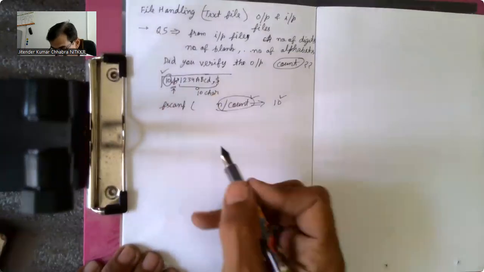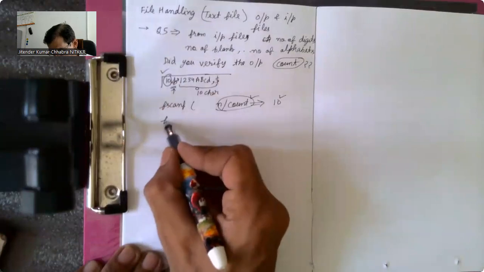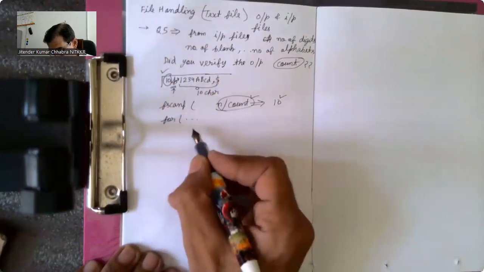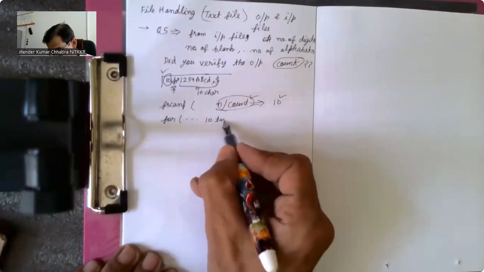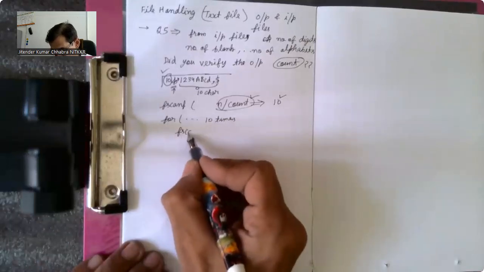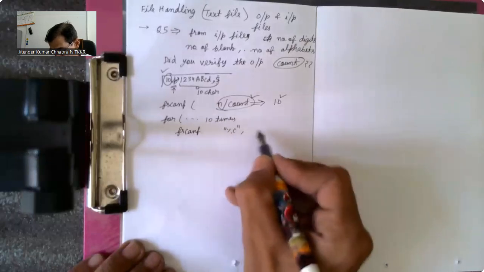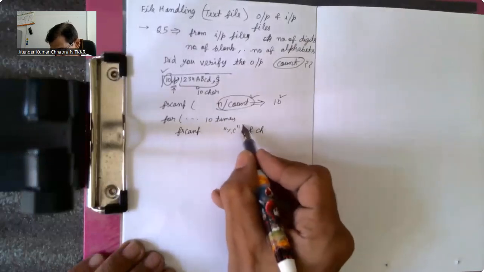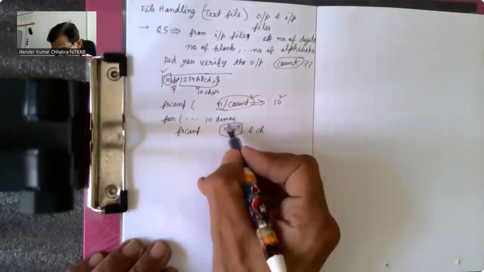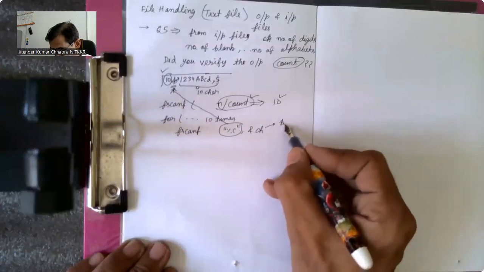Now, if the internal cursor is at this position, then next time when you have a for loop, 10 times to repeat, and each time you are doing fscanf with %c, %c will mean a character to be read, and blank is also read here.